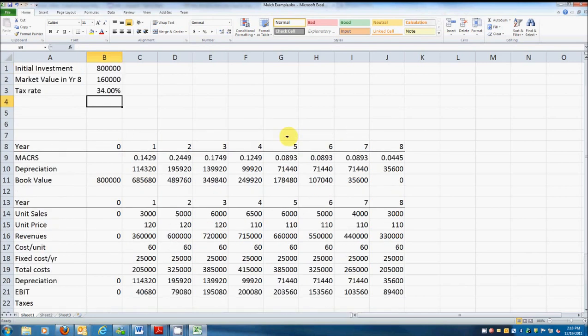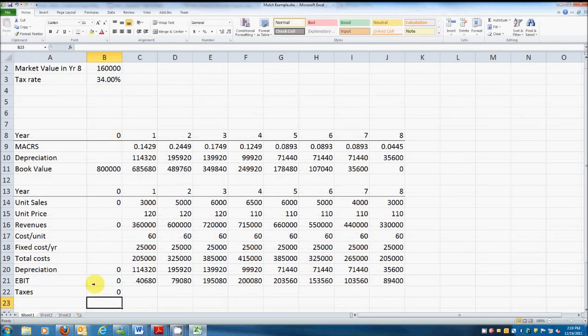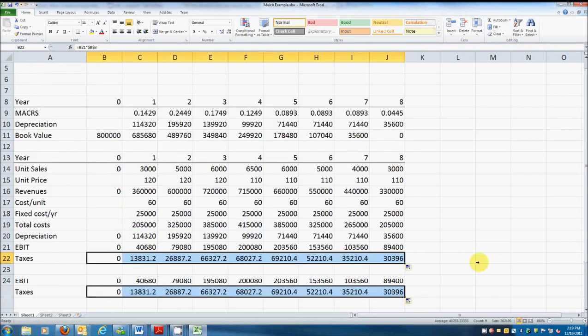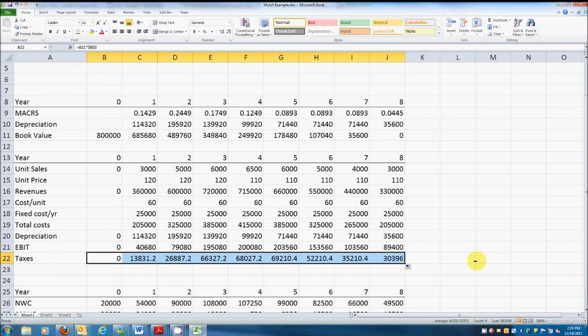But now what I'm going to do is I will figure my taxes as 34% of the earnings before interest and taxes. So I'm just going to take that multiplied by, I'm going to select the tax rate. Now once again, I want to fix that cell reference. So I'm going to hit F4, hit enter, and drag that on over. So now we have our taxes, and our taxes come out the same as the book, so we're good so far.